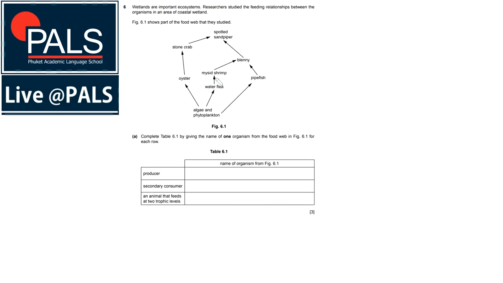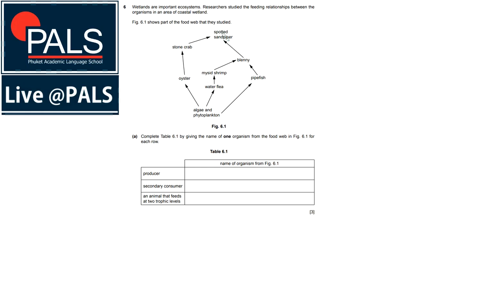Number 6. Wetlands are important ecosystems. Researchers studied the feeding relationships between the organisms in an area of coastal wetland. 6.1 shows part of the food web that they studied. With algae and phytoplankton at the bottom, then a couple of organisms here: oysters, water fleas, pipefish, and so on.